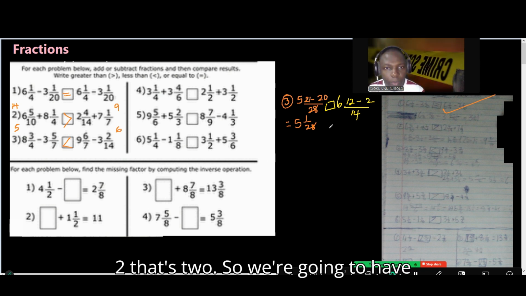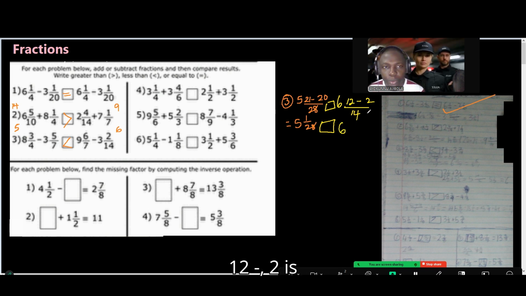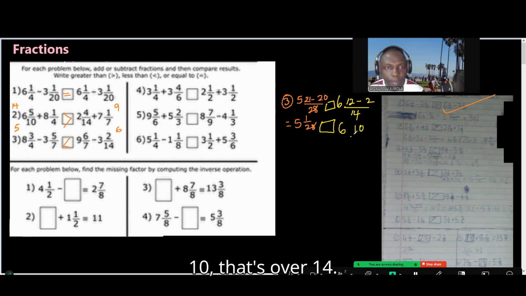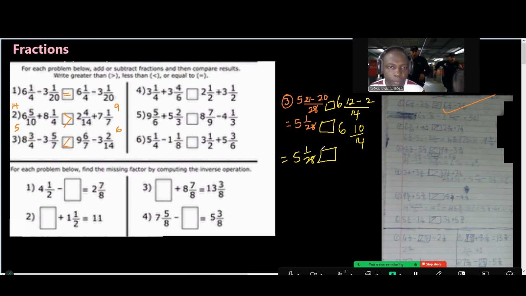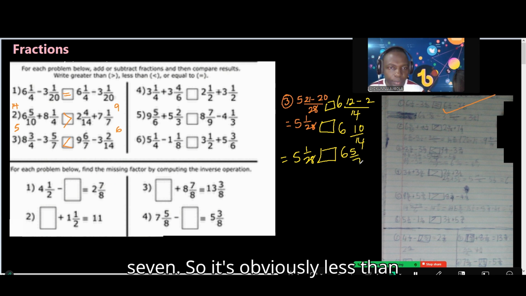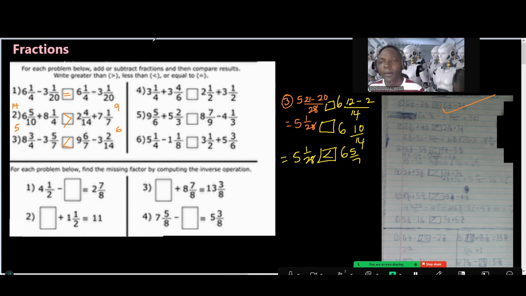So we're going to have 6 whole number. 12 minus 2 is 10, that's over 14. So we have 5, 1 over 28, then 6, 5 over 7. So it's obviously less than because 5 is less than 6.